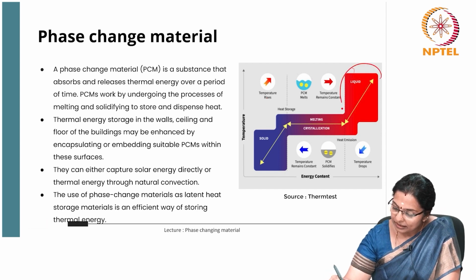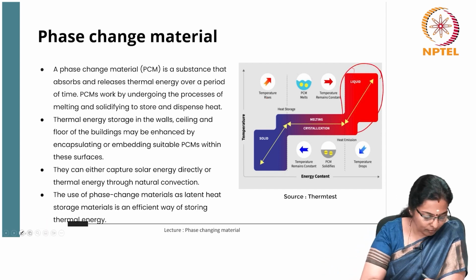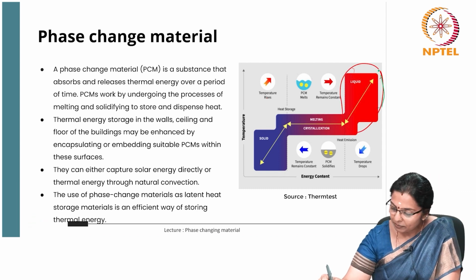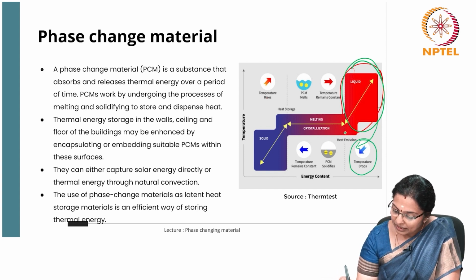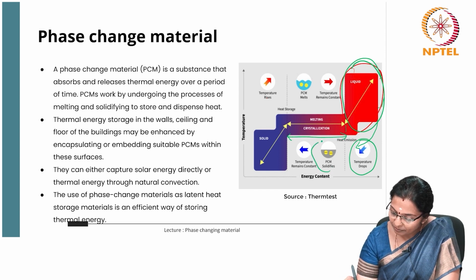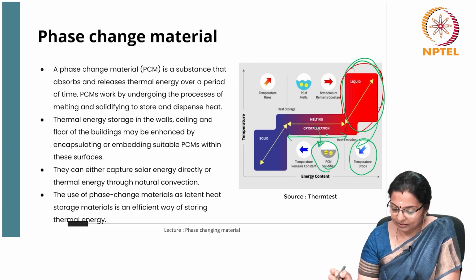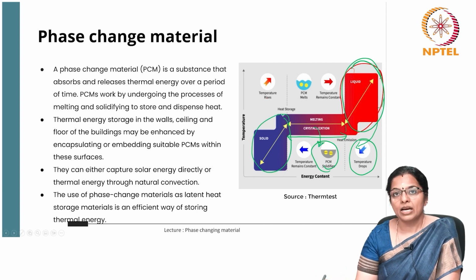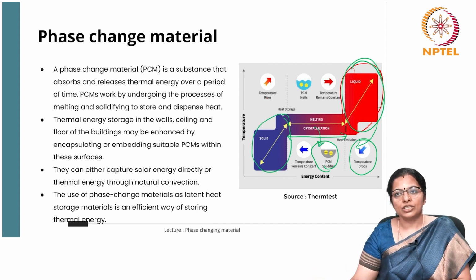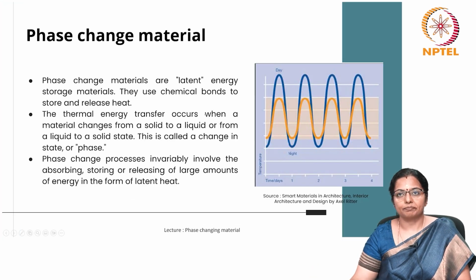When the PCM is in its liquid form, and as the temperature drops, the PCM begins to solidify and becomes crystalline, and eventually it becomes a solid. This is the process in which phase change occurs.